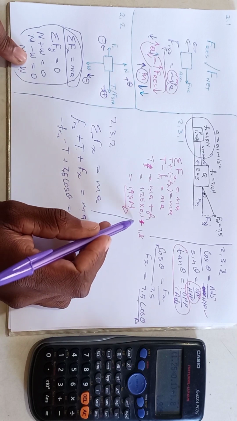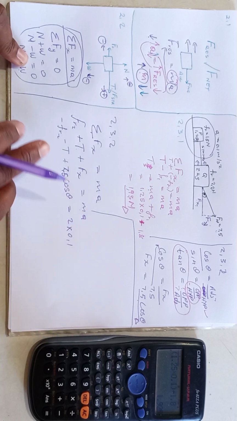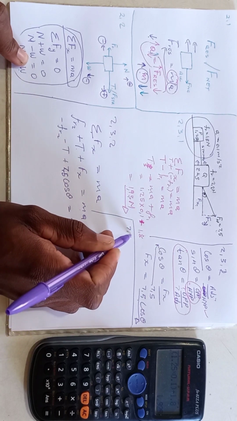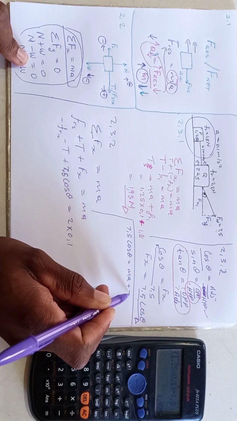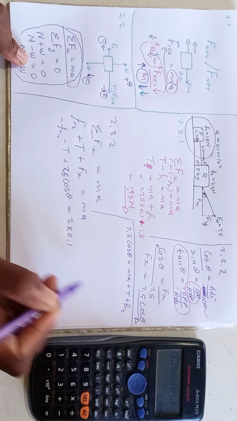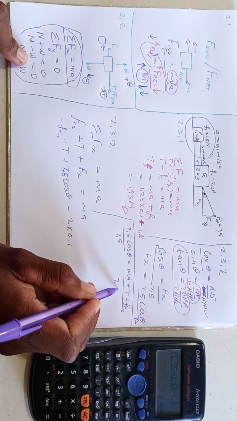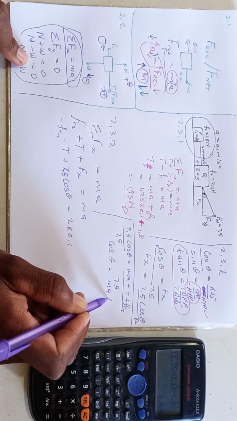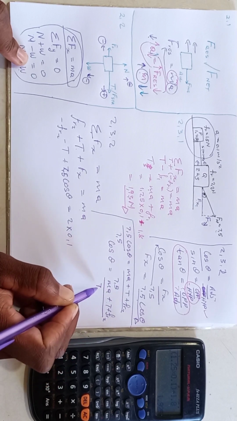Some students might make cos theta the subject of the formula, and some will just substitute. So let us help those who like to make cos theta the subject of the formula. This is what will happen. This will come to this side and this will come to this side. So they would then have 7,5 cos theta equal to MA plus T plus FR2. They would then divide by 7,5, then they would have cos theta equal to MA plus T plus FR2 all divided by 7,5.